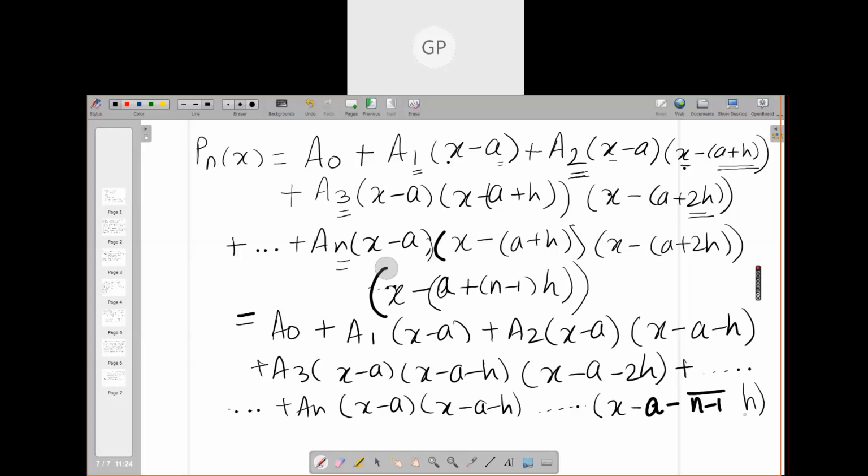This is how I am writing, and this is my equation number 1 now. Okay.